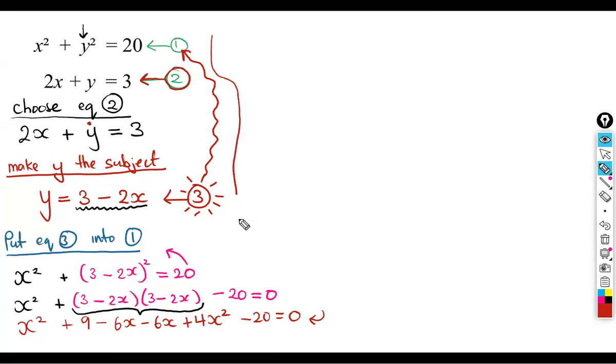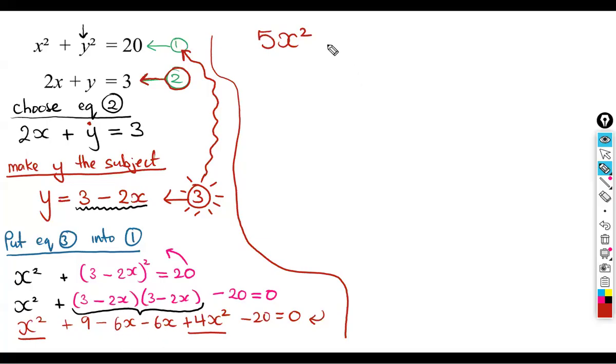All right, I'm just going to quickly simplify that so you all can move on. It has x squared here and 4x squared. So 1x squared plus another 4x squared is 5x squared.